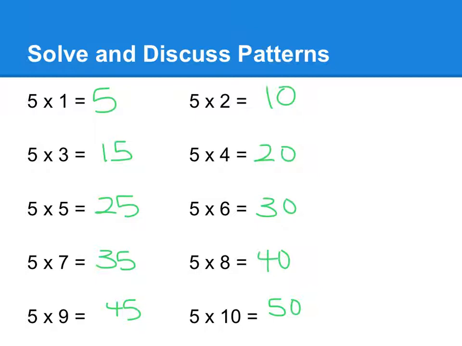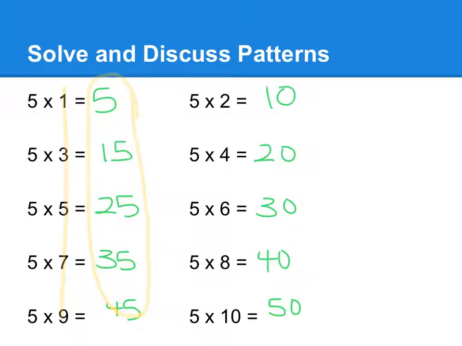Now that you've had a second to solve these problems, take a look at the left column versus the right column. All of the numbers in the left column are being multiplied by odd numbers. The result of multiplying 5 by an odd number is an odd number.